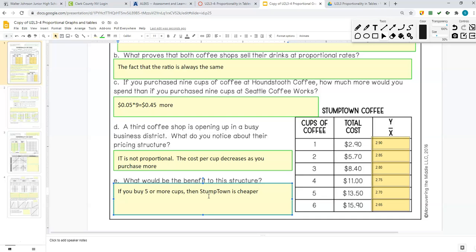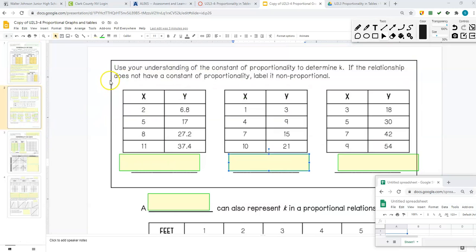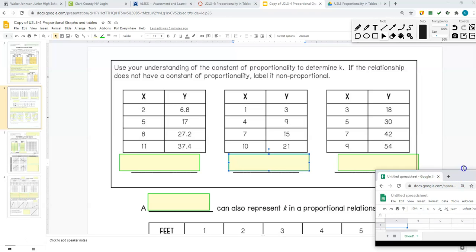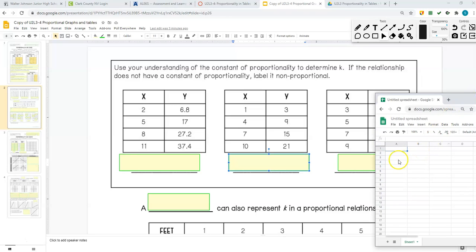Now, let's go ahead and go on to page 2. Okay, use your understanding of the constant of proportionality to determine K. If the relationship is not constant, or does not have a constant of proportionality, label it non-proportional. So we're going to look at y over x for each one of these. Now, I'm going to grab a little spreadsheet here because that allows me to do my divisions real easily.